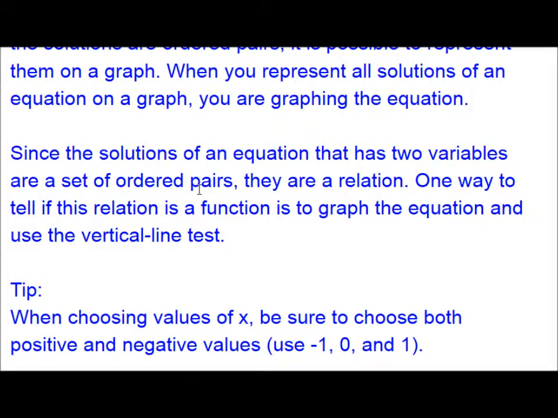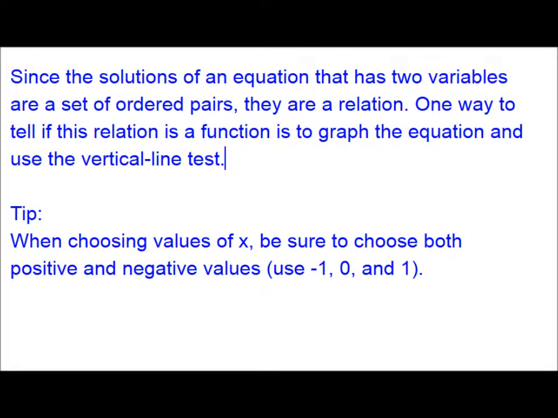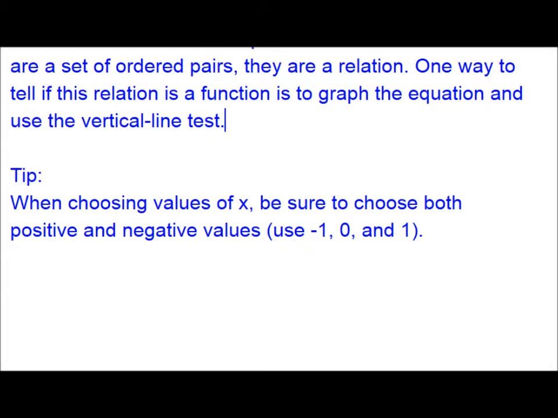If there is a vertical line which touches the graph two times, then it is not a function. Whenever you draw a vertical line, it should touch at only one place in the graph.